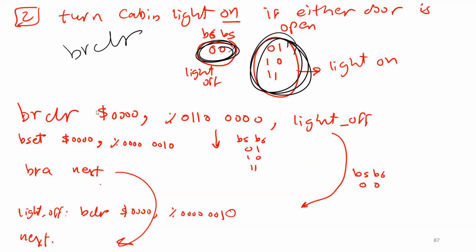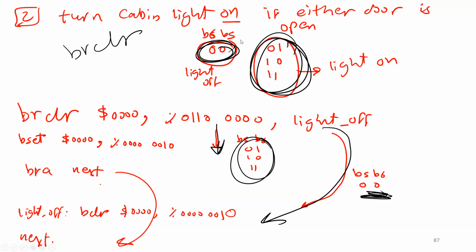Branch if clear, these 2 bits. If both are clear, in case of 0, 0, I'm gonna come here. If any other case, I'm gonna come here.